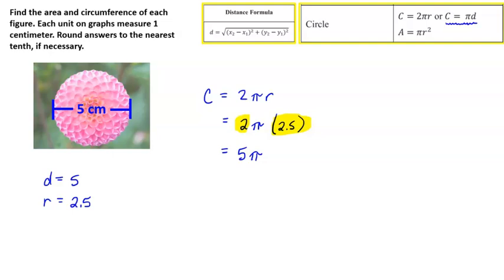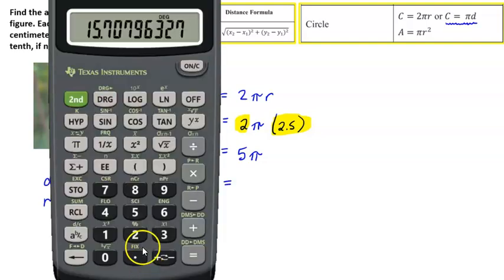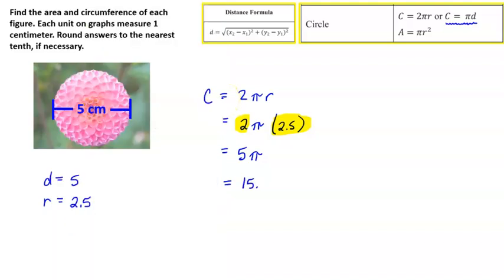And then we could leave it like this for our exact answer, but let's go ahead and get it into our calculator. So we've got 5 times pi equals, and we have that 15.7 centimeters.